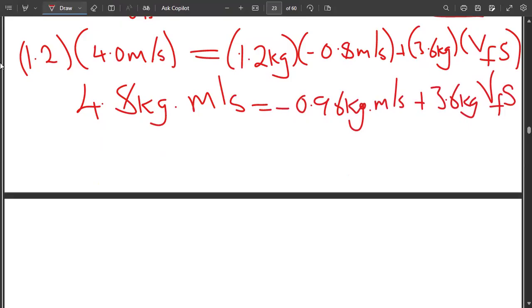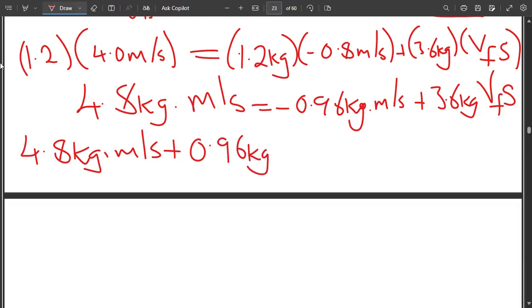Okay, from here, what do we do? We can just arrange the equation that we have and make V final S the subject of the formula. So I'm going to have 4.8 kg meter per second plus 0.96 kg meter per second. This will be equal to 3.6 kg V final of S, like this.